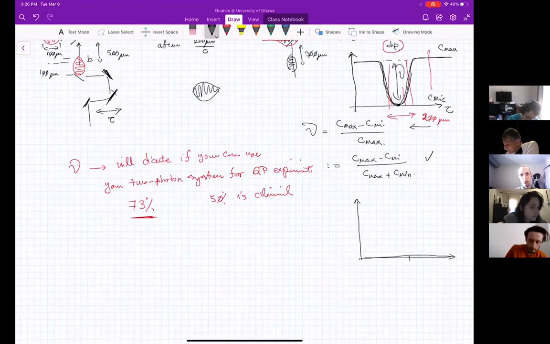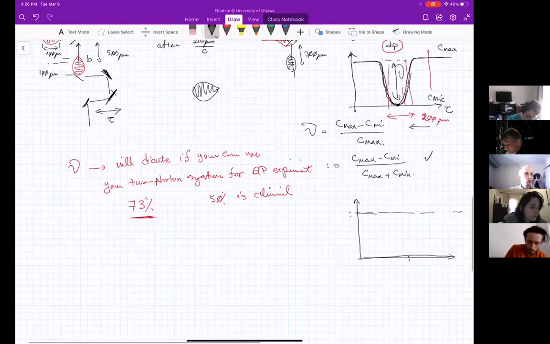So that is the visibility. You will see something like this. Anyone can explain to me?